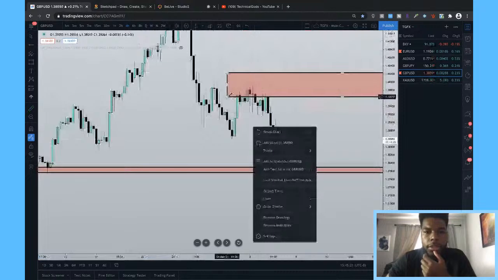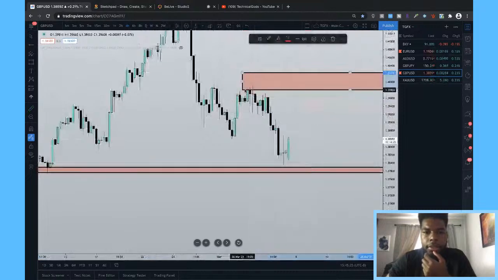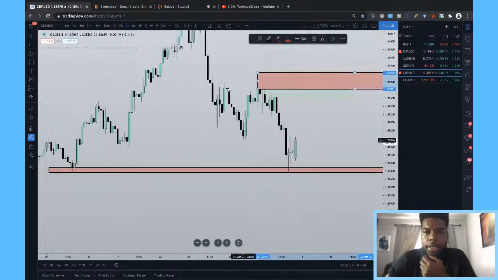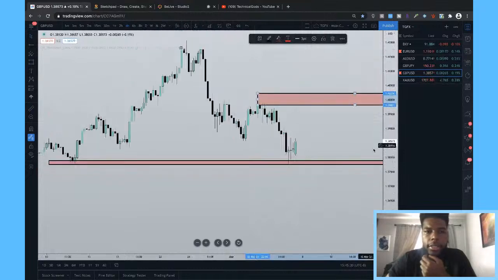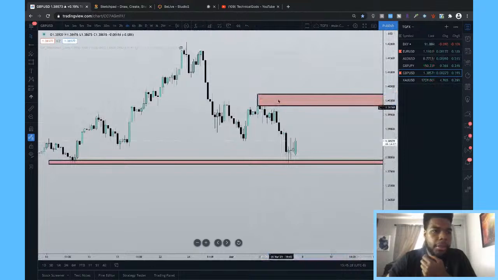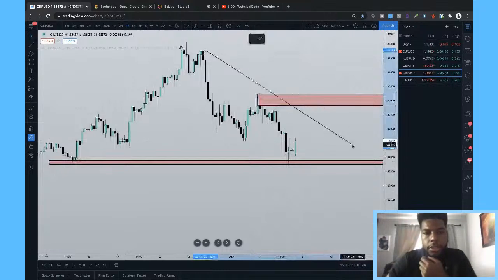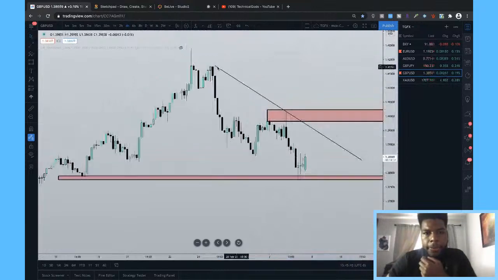All right, so let's fine tune this zone to up here. And then let's see if we can find any trend lines or anything like that. So we can see that this is like a huge overshoot, but potentially it could be a trend line like this.